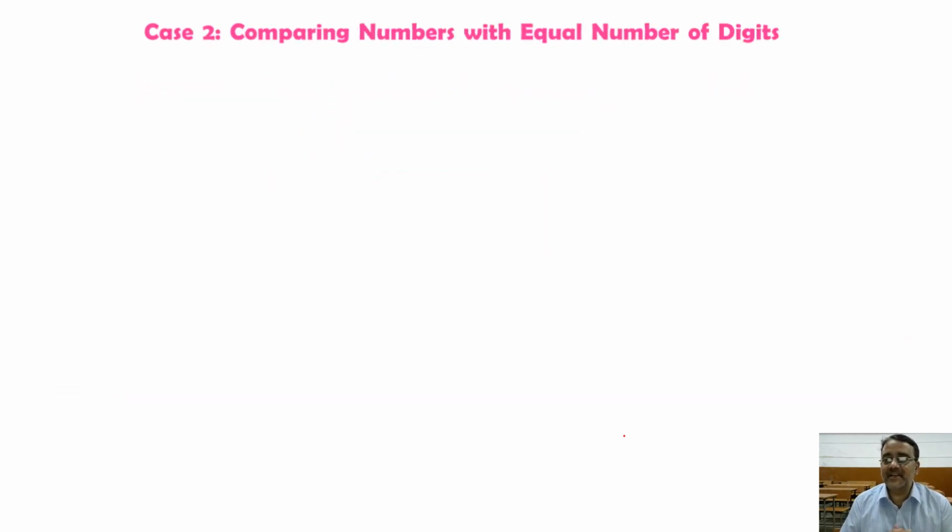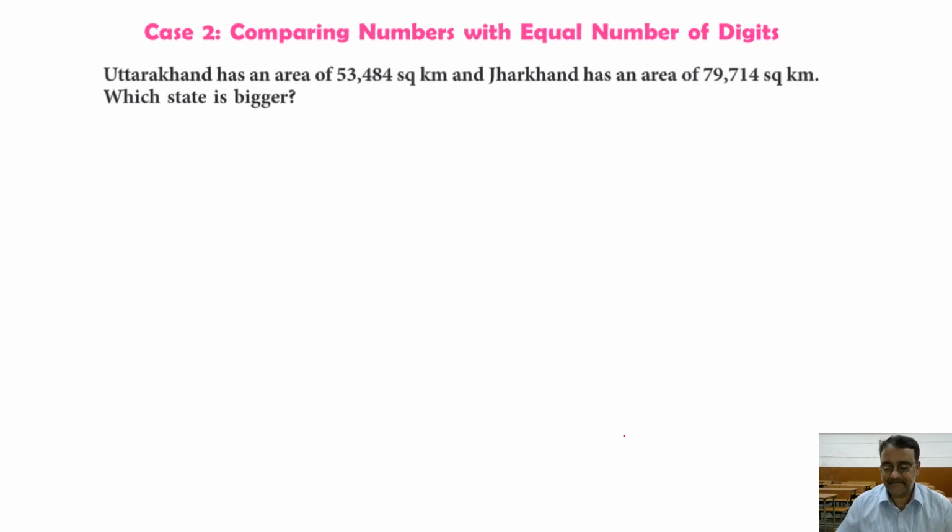Comparing numbers with equal number of digits. So I will explain with the help of one example. Uttarakhand has an area of 53,484 square kilometer, and Jharkhand has an area of 79,714 square kilometer. Which state is bigger? Now सबसे पहले हम लोग highest place पे check करेंगे, right? The highest place is 10,000.